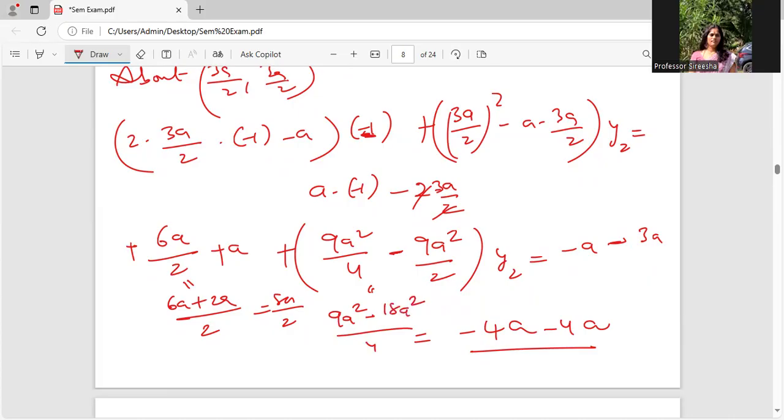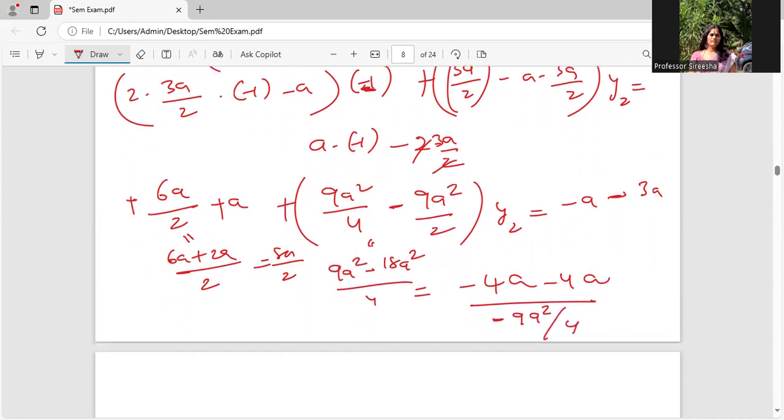So finally I'll be left with minus 9a squared by 4, which comes to the denominator. So finally the second order derivative is nothing but minus 8a into 4 in the numerator by minus 9a square. Minus and minus goes off, and accordingly I'll get the answer, which is 32 by 3a.